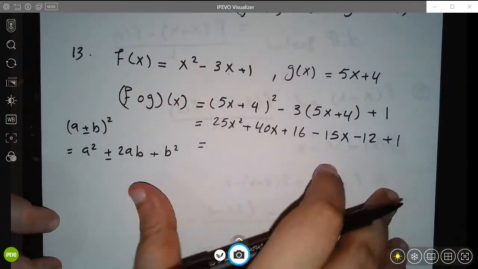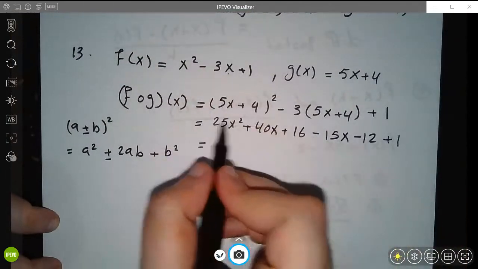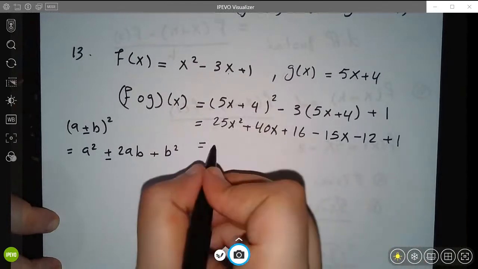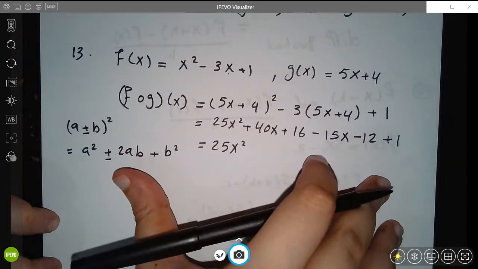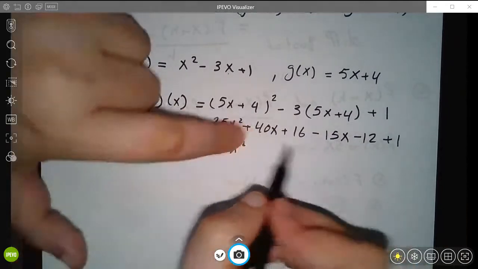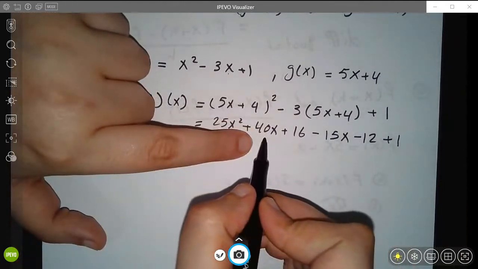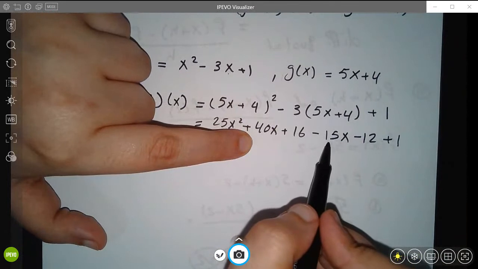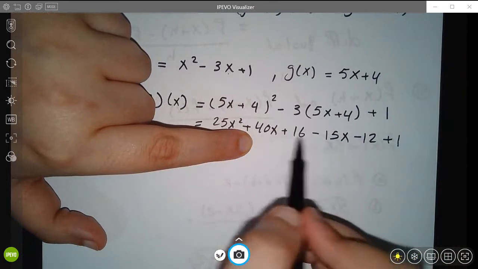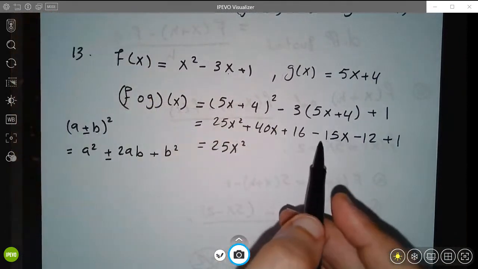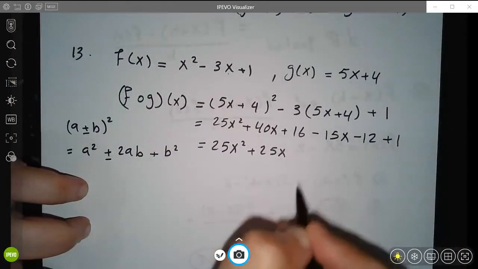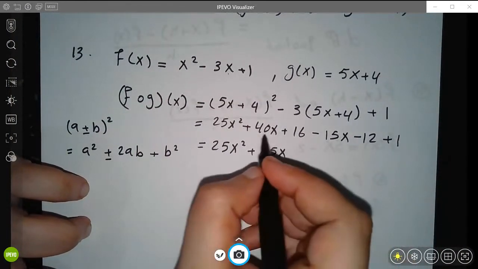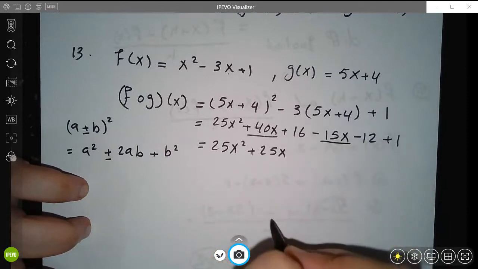All right. Now let's combine like terms. Nothing else is squared, so 25x squared stays the same. Now we have positive 40x and then negative 15x. If you subtract these two from each other, that gives you a positive 25x. And I used this one and that one already.